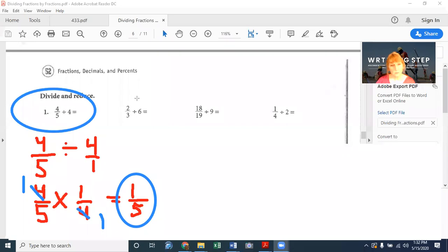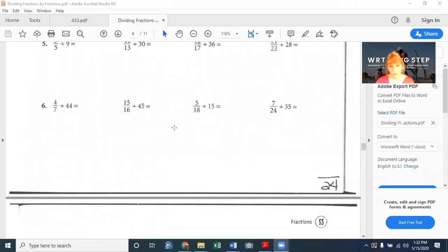Okay, let's look down a little bit of a ways here. Let's go down to row 6. Let's do the second one here, right here. So we have 15/16 divided by 45. So let's write that out. So we're going to keep the first fraction the way it is.